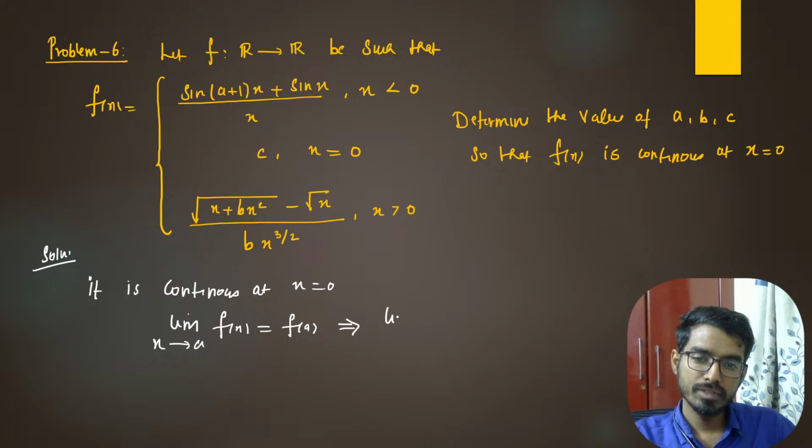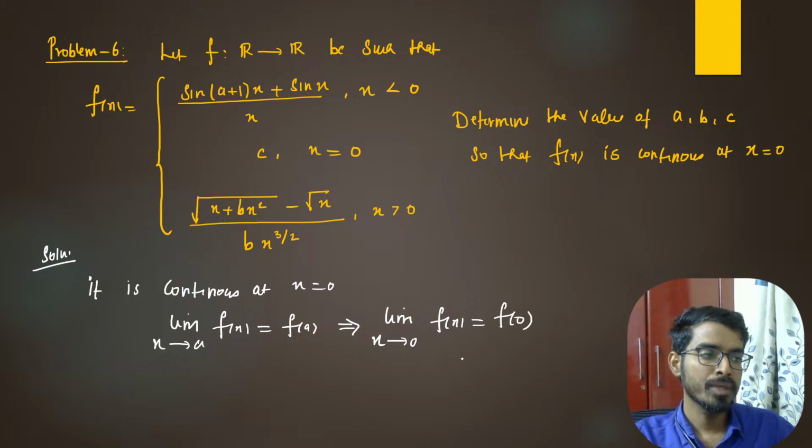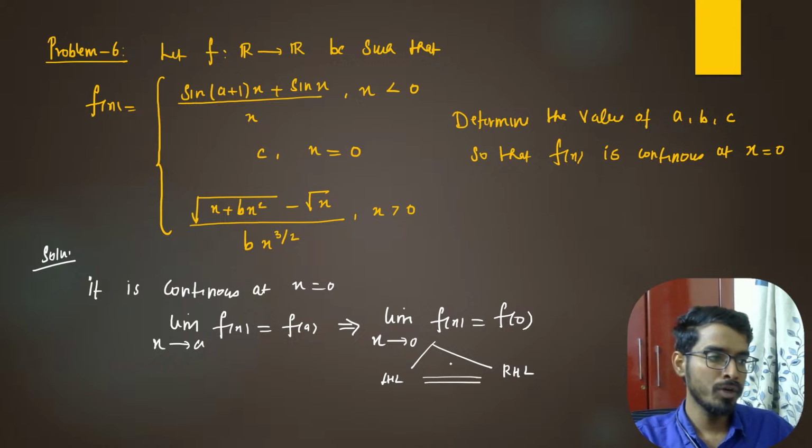Since it is continuous at 0, limit x tending to 0, f of x is equal to f of 0. Since the limit will also exist and equal f of 0, that means your LHL and your RHL both exist and both are equal. So first we will find LHL.